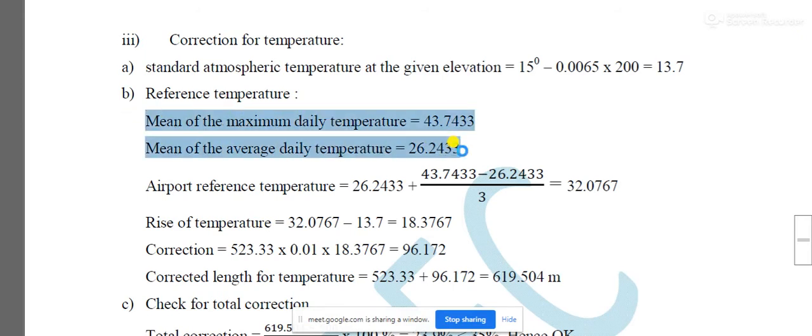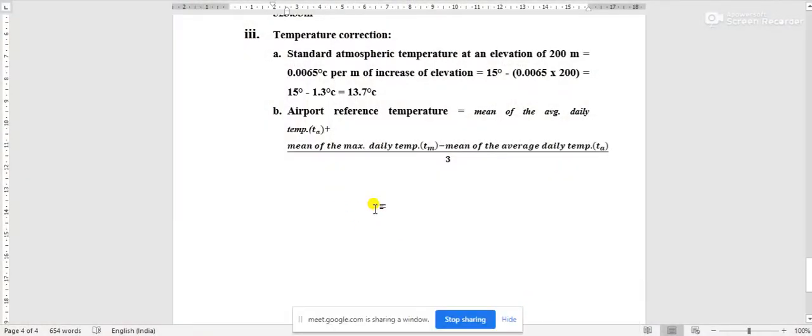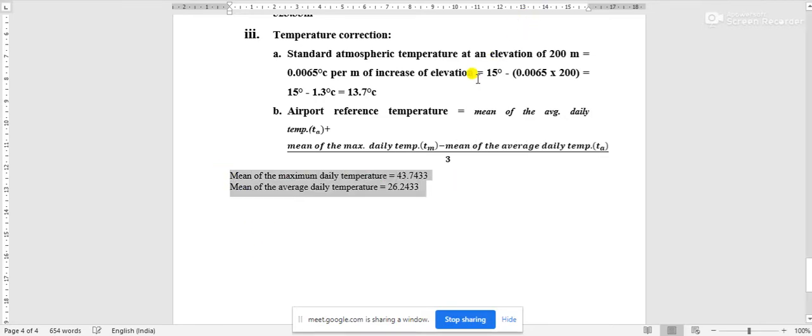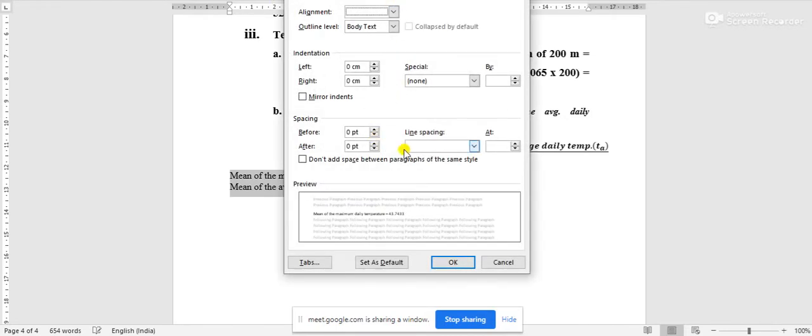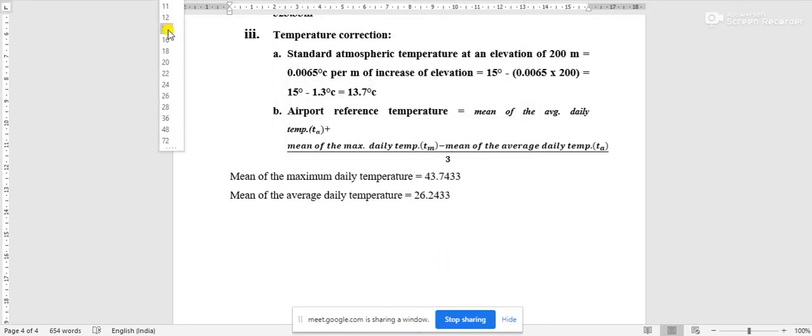I am giving from the previous calculations I have in my hand: mean of maximum daily temperature is 43.7433 and mean of average daily temperature is 26.2433. These are in degree Celsius.